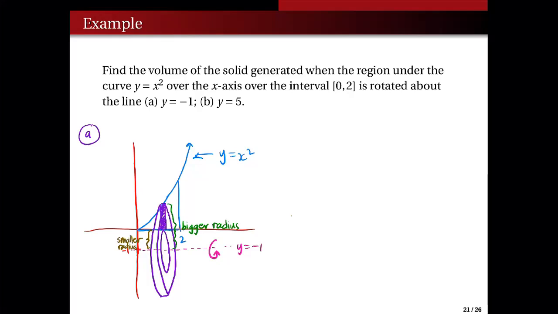Correct? Again, the equation of your x-axis is y equals 0.